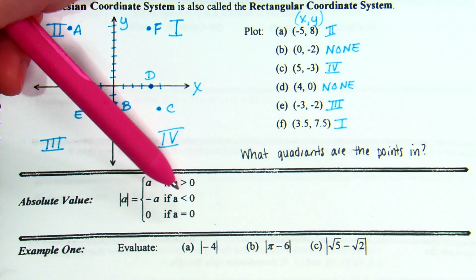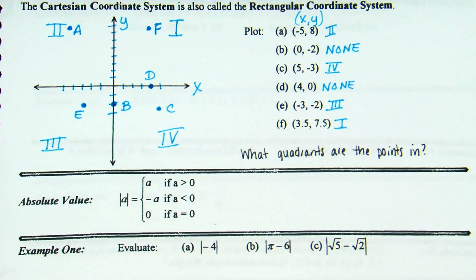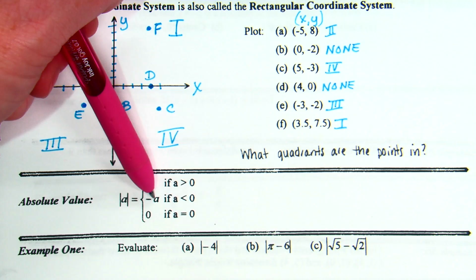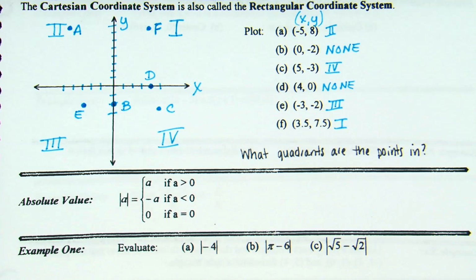But what that's really saying is it's the opposite of A. So if A is already negative, the absolute value of A isn't going to be itself, it's going to be the opposite of A. Because the absolute value of a negative number will become positive. And here it's saying if A is 0, the absolute value is 0. So it's just kind of a formal definition.